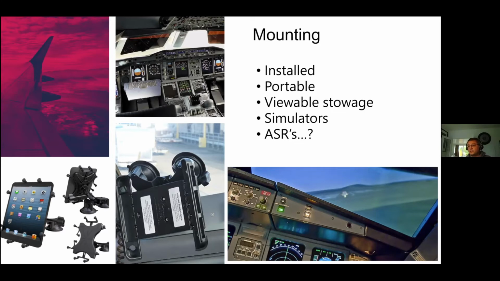Viewable storage, like you can see on the screen there, with suction cups, can be used as well. That's a cheaper way of mounting a device on board a flight deck, as long as it's not screwed or mounted and it's in accordance with the regulations, and the device itself is less than, I think, 1 kilogram in weight.